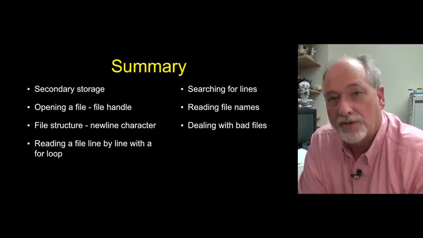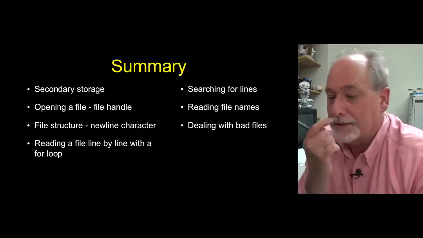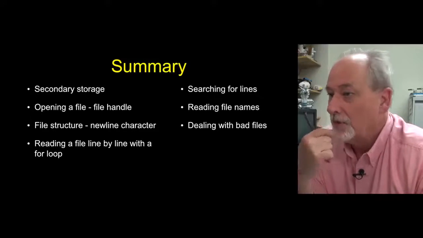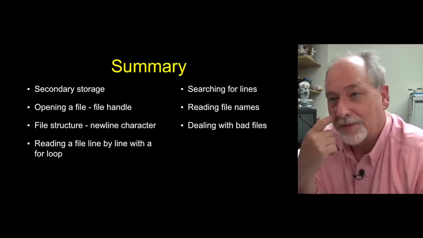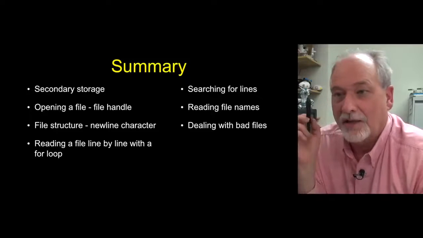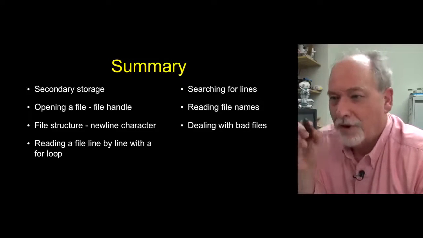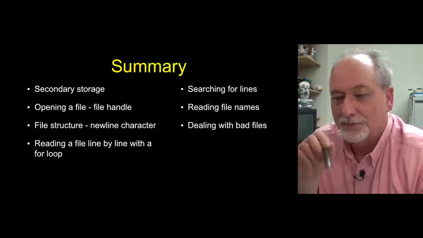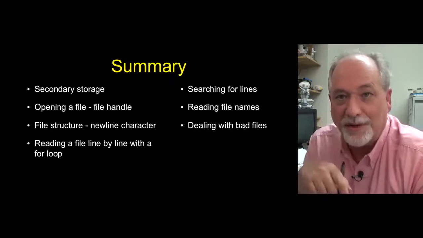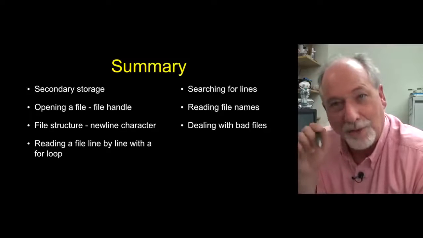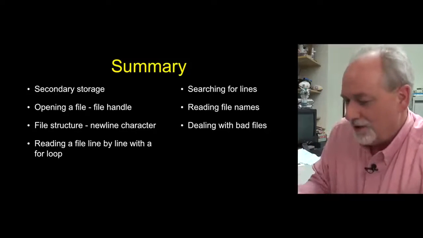So that's a quick zoom through opening and reading through files and doing some patterns. Most of the rest of the programs in this course are going to say open, rstrip, look for, and then do something interesting. That's going to be our loop that we're going to do over and over and over again.